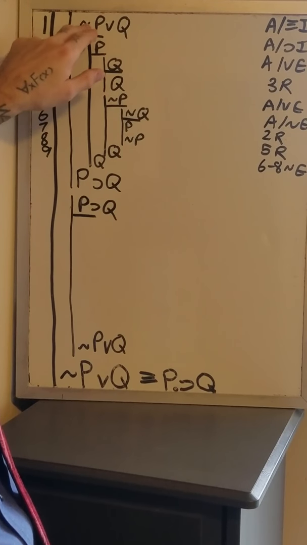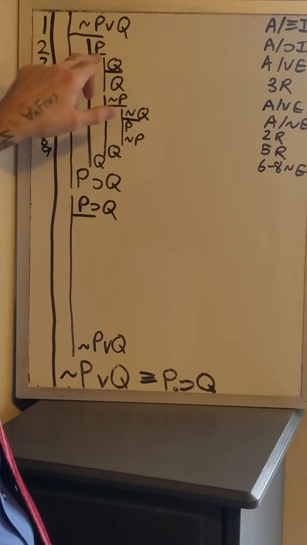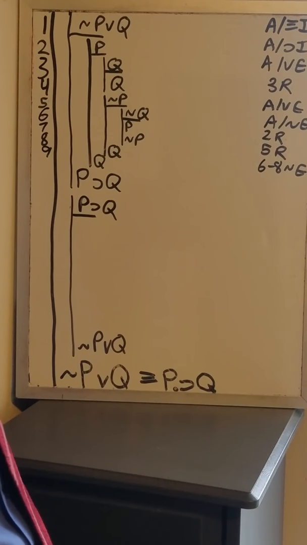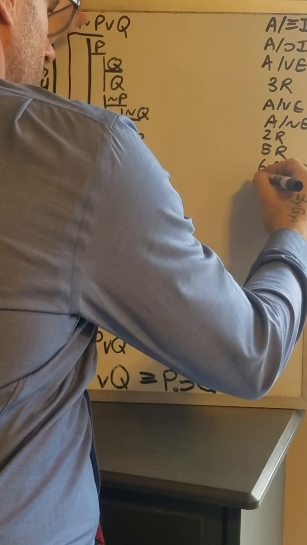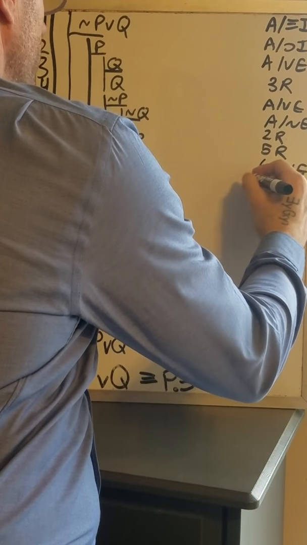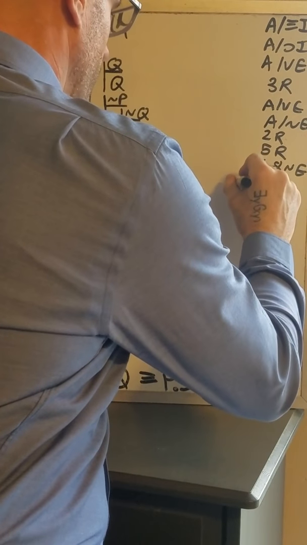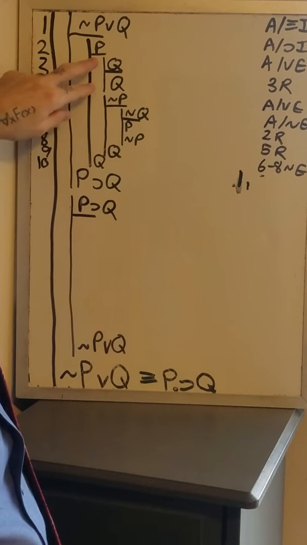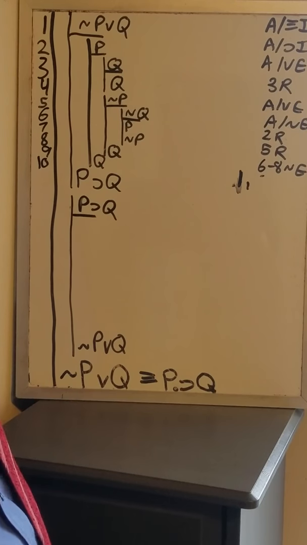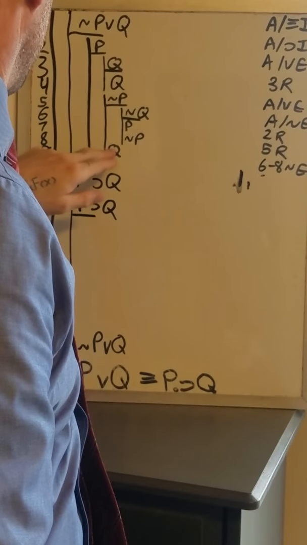We've shown that if not P then Q, and if Q then Q. So we have to cite line 1, the line of the original disjunction, and then the lines of the subderivations, 3 through 4 and 5 through 9.